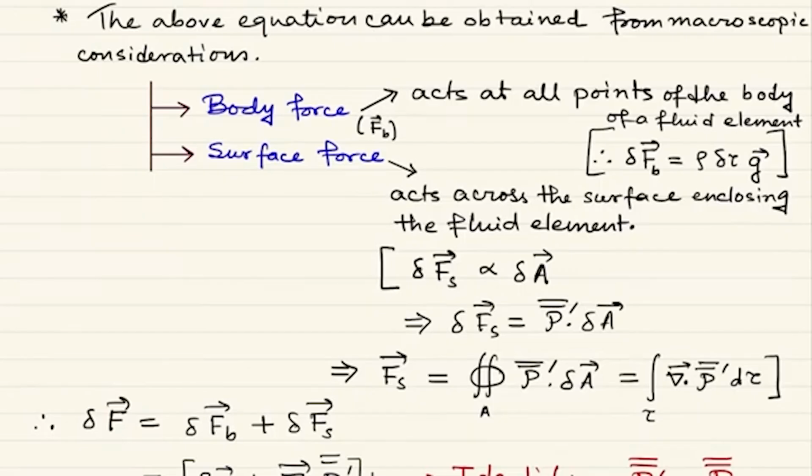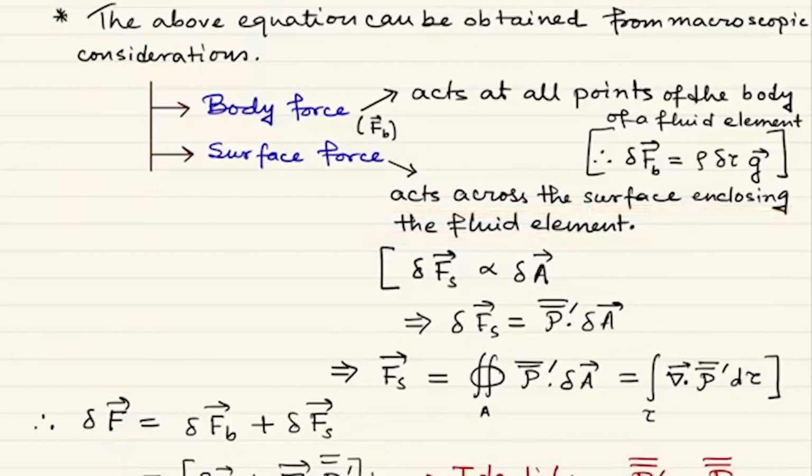Then what is the surface force? Body force acts at all points of the body of a fluid element, so it is proportional to the volume. Surface force acts across the surface enclosing the fluid element.